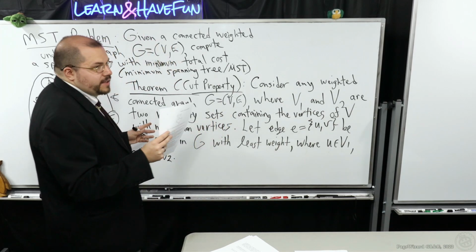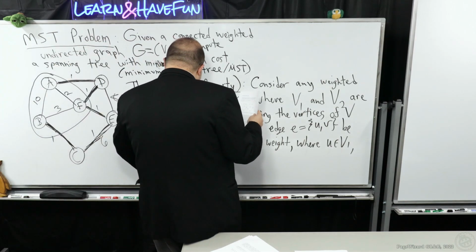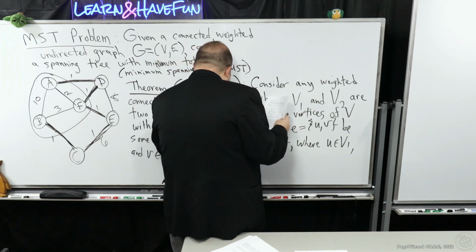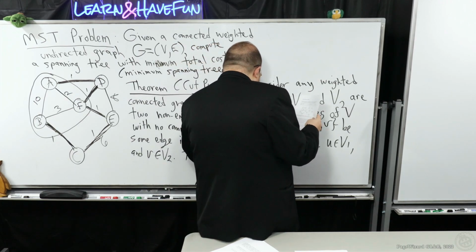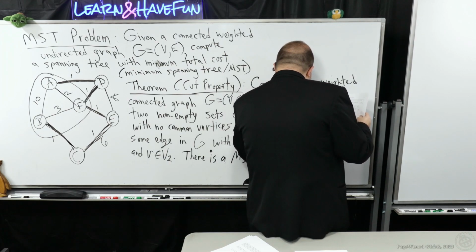Here's the big thing that this cut property is all about. It says that there is a minimum spanning tree T that contains E.